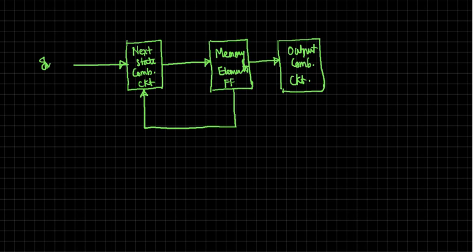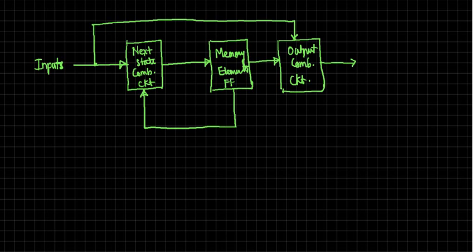So inputs, isn't it? If you see the circuits which we have seen so far, they have this kind of behavior. And also I missed something: the output combinational circuit was also dependent on the input. It may or may not. So this is present in which machine? Which FSM?